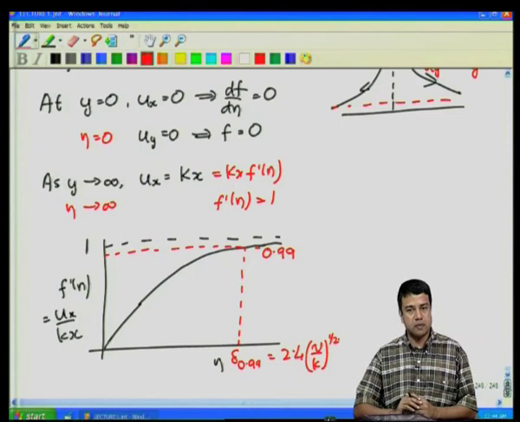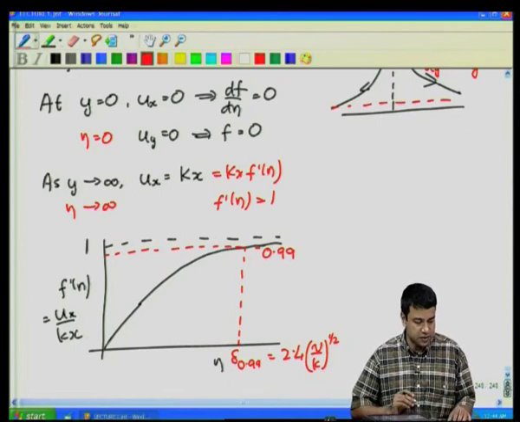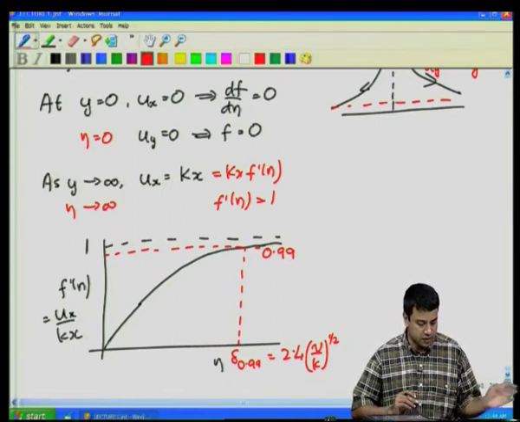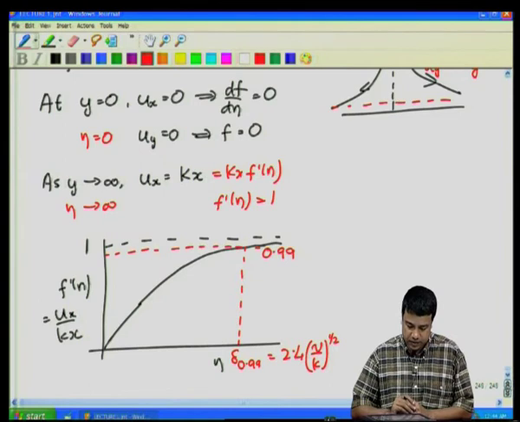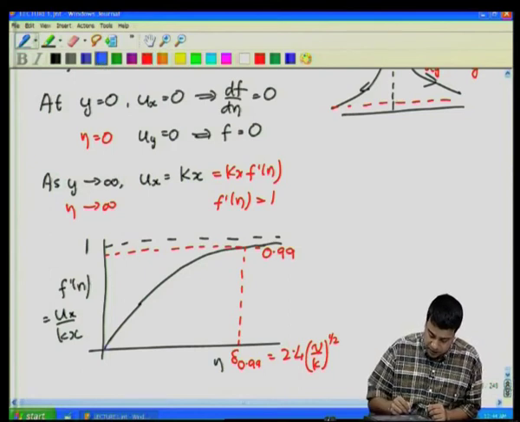In contrast to the Blasius boundary layer, the boundary layer thickness in this case is a constant. That is because the boundary layer is accelerating downstream. It is not remaining at a constant value, but rather it is accelerating downstream. One can also calculate the displacement thickness.